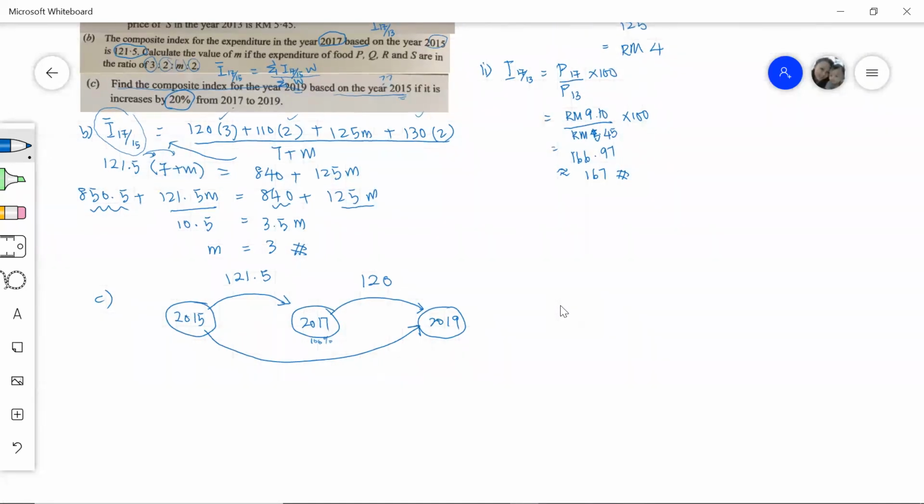Remember what I told you about how to find the composite index from 2019 over the year 2015. We take A times B and divide by 100. See this line? It's like a division line. So 121.5 times 120 divided by 100, and we get the answer 145.8. That's how we solve the price index question.